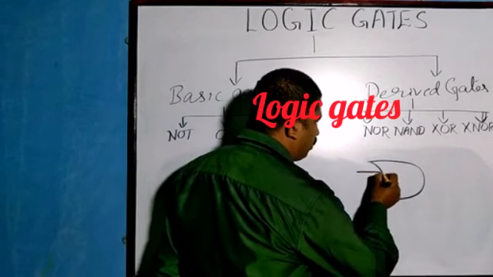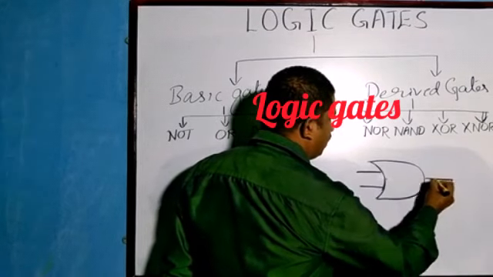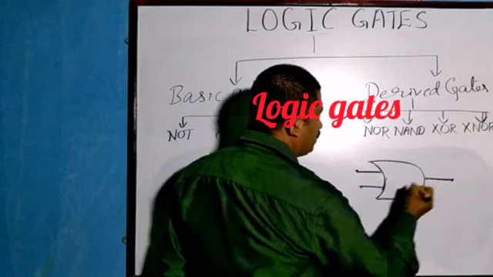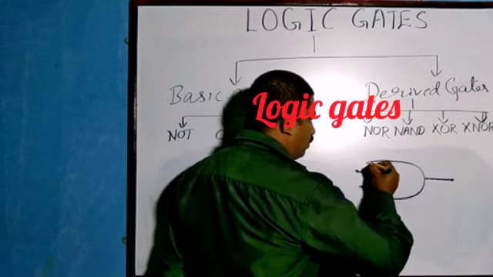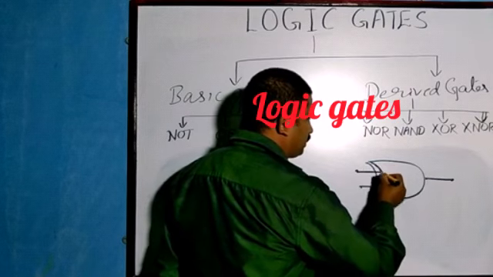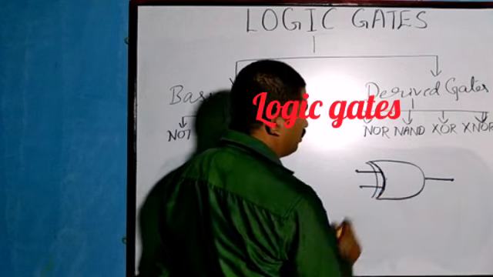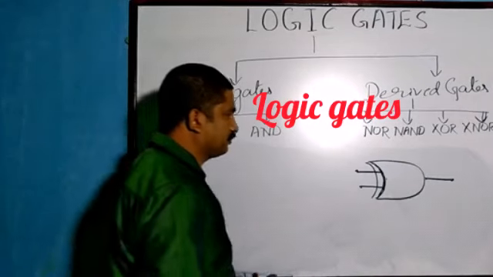So we have two inputs. As we studied earlier, for the OR gate, minimum it requires two input signals. Then draw like this, like a bracket. So what is this? A circuit symbol for the XOR gate.